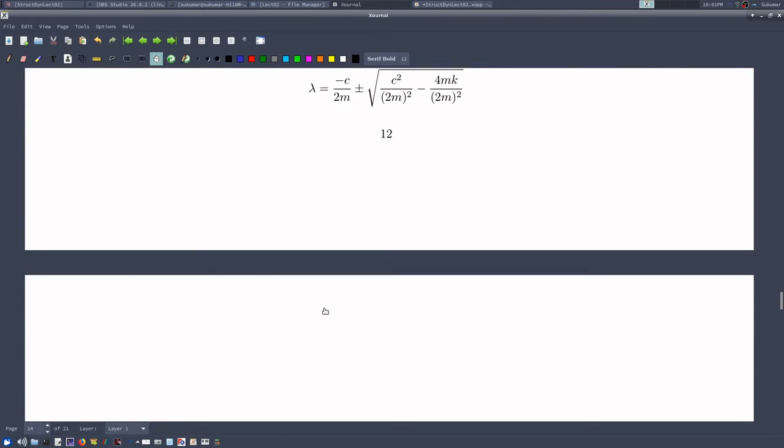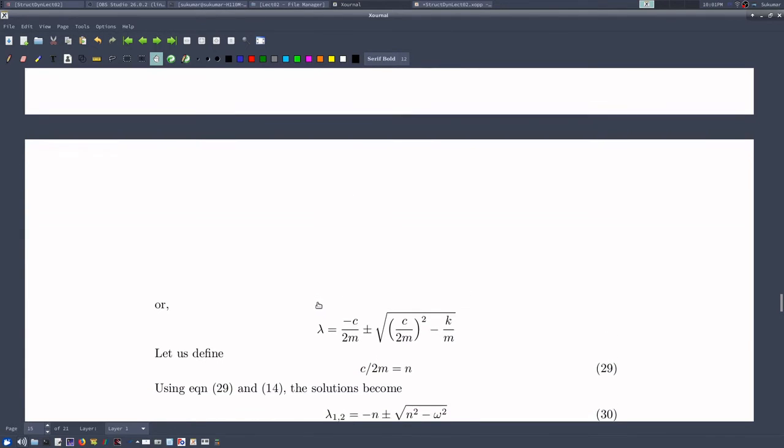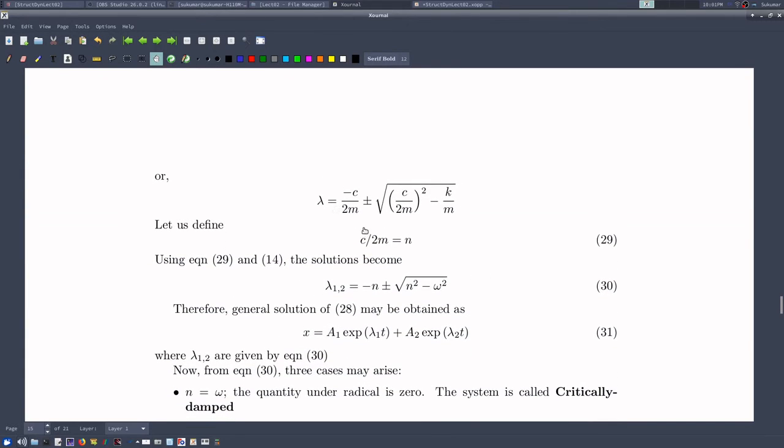Now let us use c by twice m equal to n. This is a shorthand, you can say. So instead of writing a fraction, I am writing a simple letter.